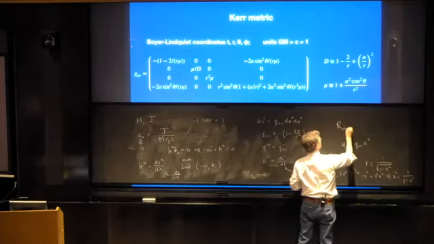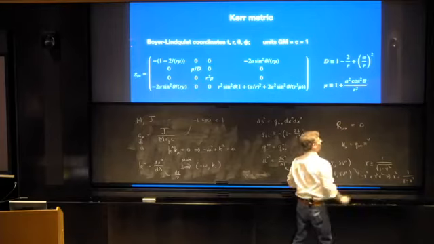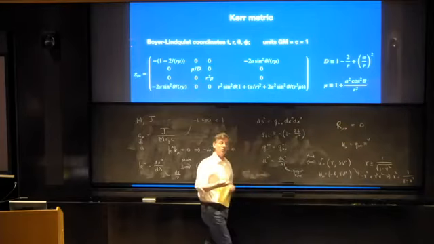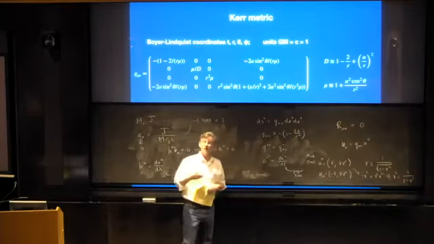Because this is a vacuum solution, that's equivalent to R_mu nu is 0, where R_mu nu is a quantity related to second derivatives of the metric. So it's sort of second derivatives of the potential is equal to 0. It's sort of a Poisson equation, or an elaborate variant on Poisson.